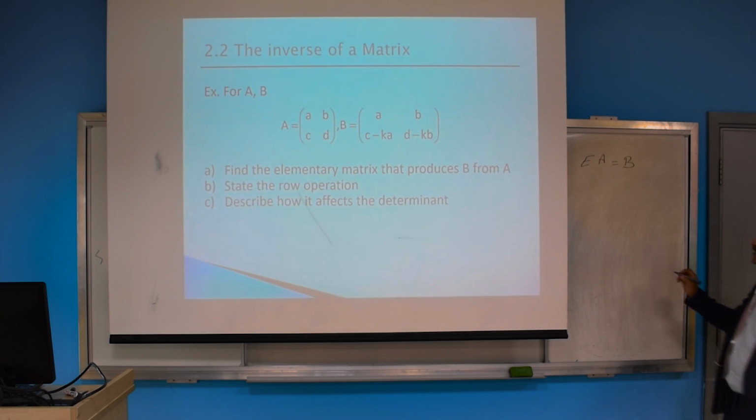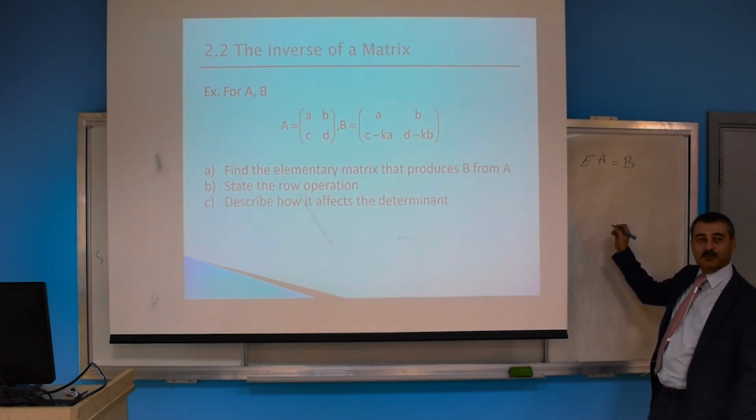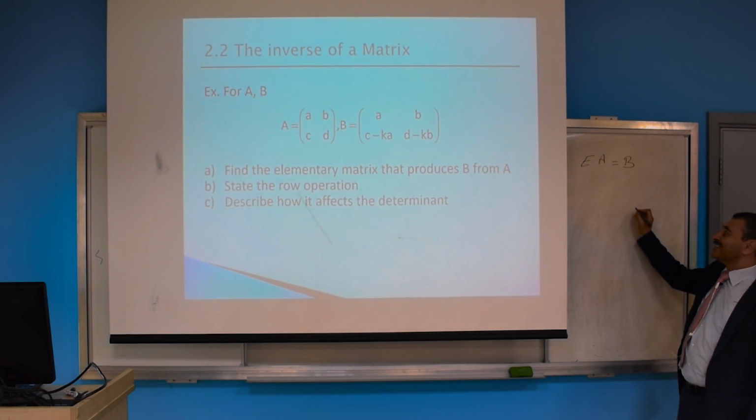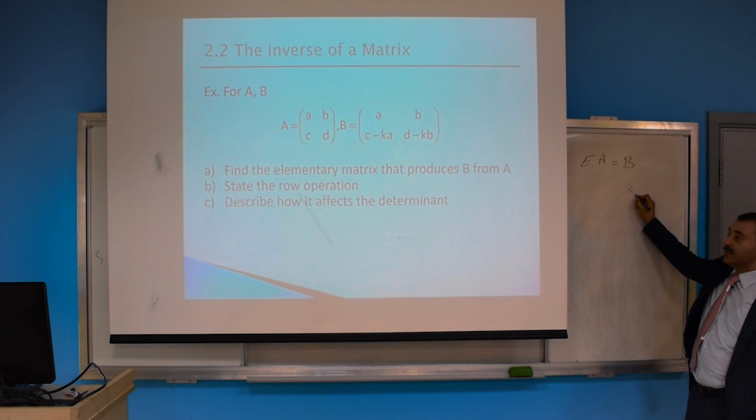ايه الاوبريشن بقى؟ انت بتقول الانسر بتاعت الاي على طول. طب الرو اوبريشن ايه؟ تعرف تقول لي الرو اوبريشن؟ اوكي. ايه الرو اوبريشن اللي حصلت؟ R2 minus KR1.